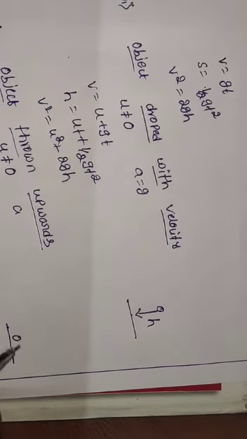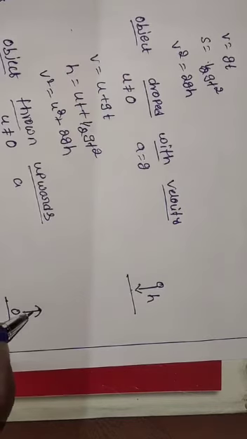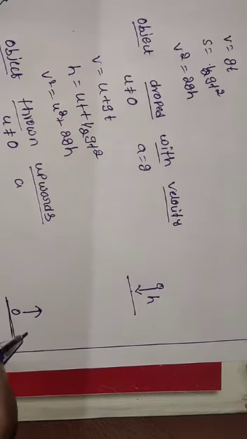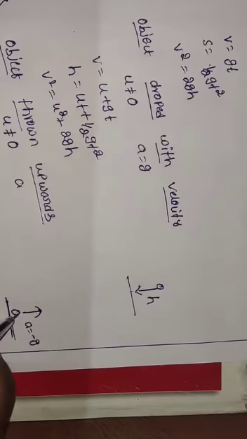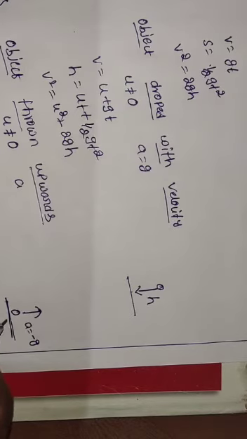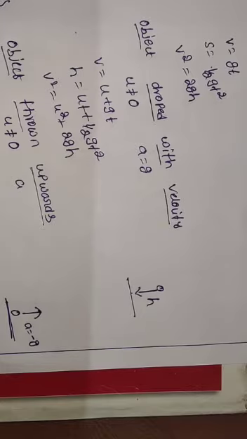If the object is thrown upwards, the acceleration of the body is opposite to the gravitational force. It means a is equal to minus g, because the acceleration of the object is in the opposite direction to the gravitational force. If the object is forced downwards, in the direction of the gravitational force, it becomes positive.